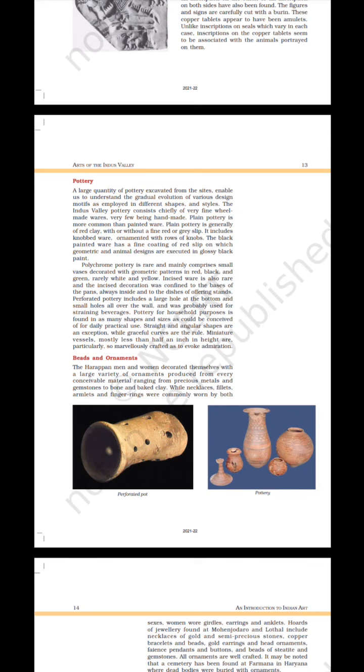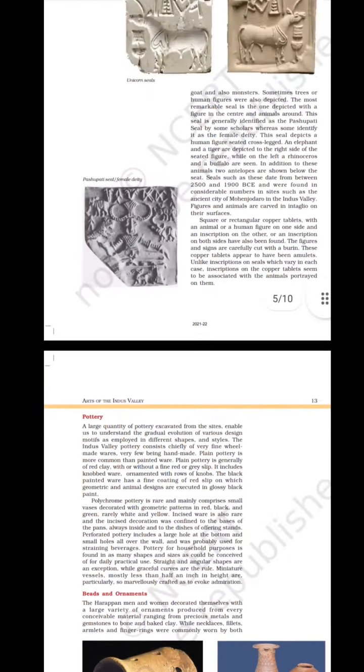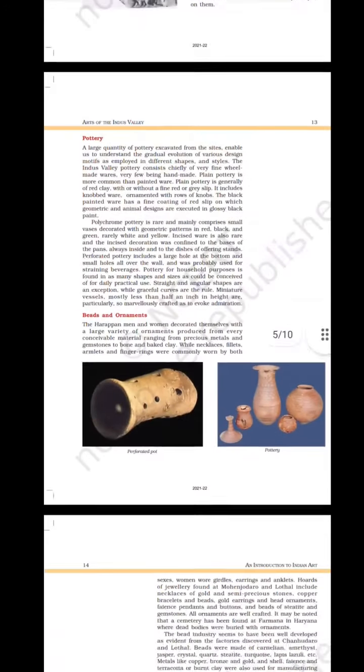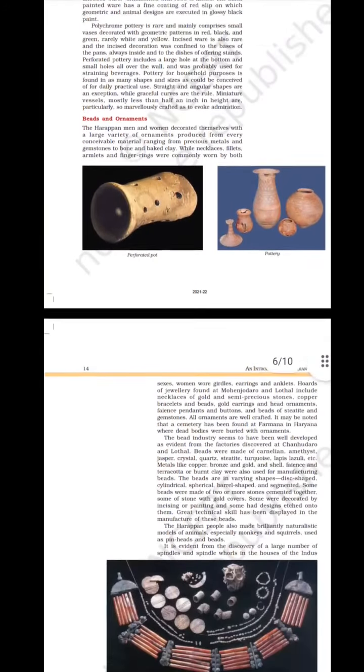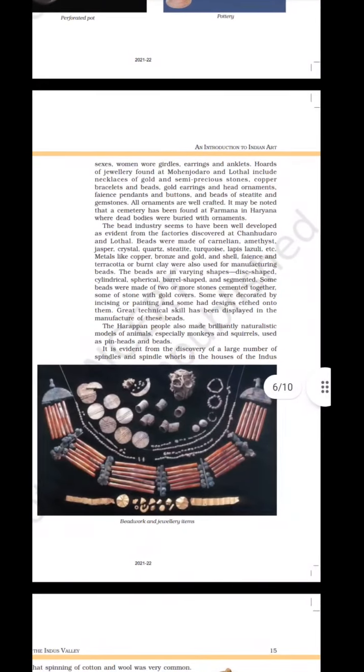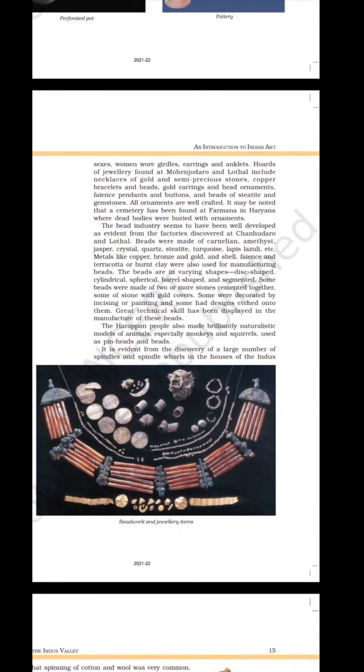Beads and ornaments. The Harappan men and women decorated themselves with a large variety of ornaments produced from every conceivable material, ranging from precious metals and gemstones to bone and baked clay. While necklaces, fillets, armlets, and finger rings were commonly worn by both sexes, women wore girdles, earrings, and anklets.